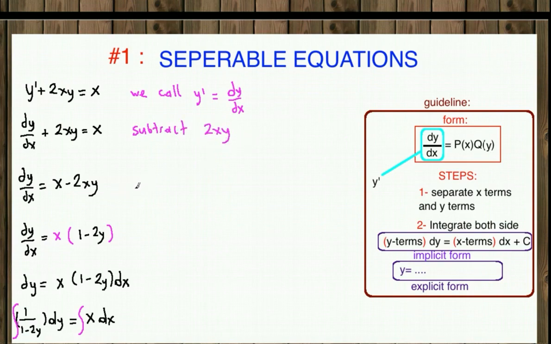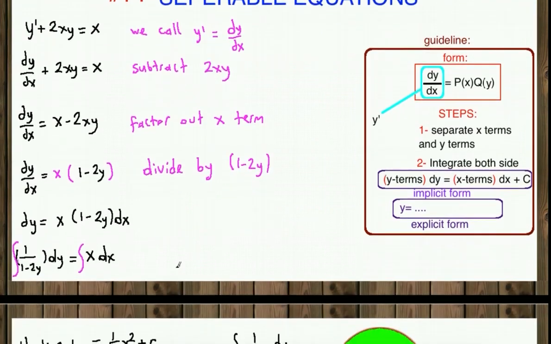And then we factored out the x term. And then we divided both sides by 1 minus 2y. And we started integrating.